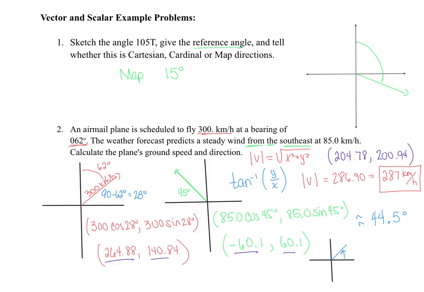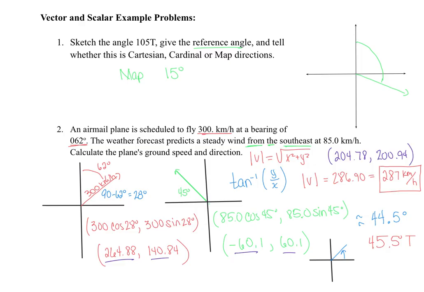Everything it's given to me has been in a bearing, which means I need to subtract that back out, right? I need to say 90 minus that 44.5, which is 45.5 degrees.